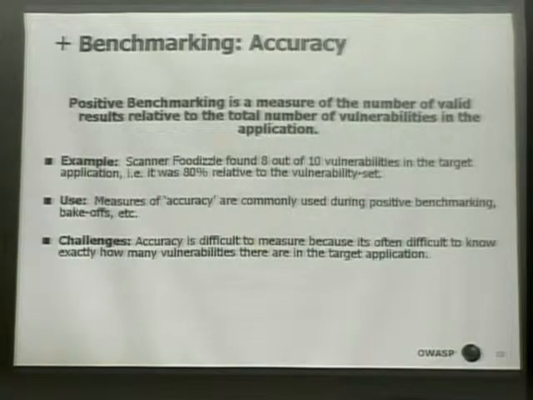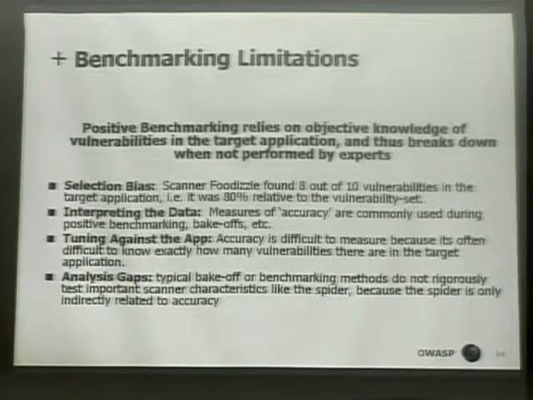So here's another slide about benchmarking. Positive benchmarking is where you're trying to measure the valid results, and you get some idea of how accurate the product is. There are various limitations to benchmarking. Selection bias is one of them: you basically get what you're trying to look for.